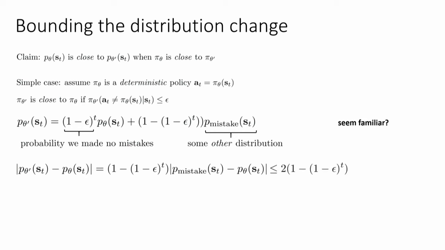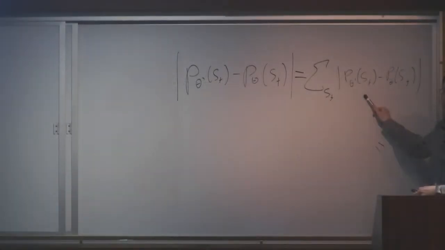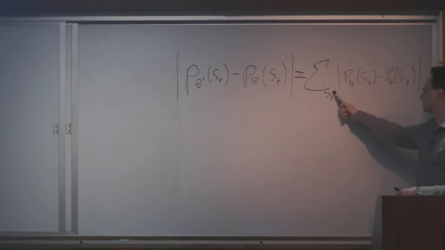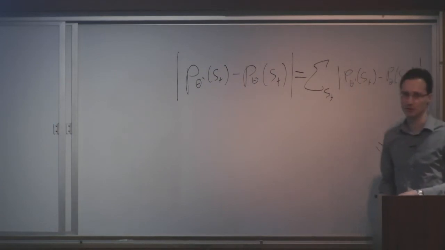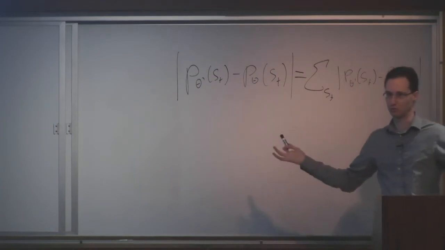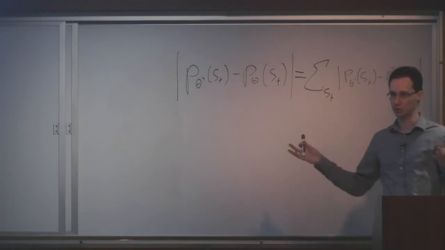All right. Now, we can bound this by 2 times the coefficient. Why can we bound it by 2? We're basically replacing this term with 2. And the reason we can bound it by 2 is when you have the sum of the absolute values of the differences between two distributions, we know that all probabilities are greater than or equal to 0 and less than or equal to 1, and they sum to 1, which means that when you sum over their absolute value differences, the maximum difference between two distributions can add up to at most 2.